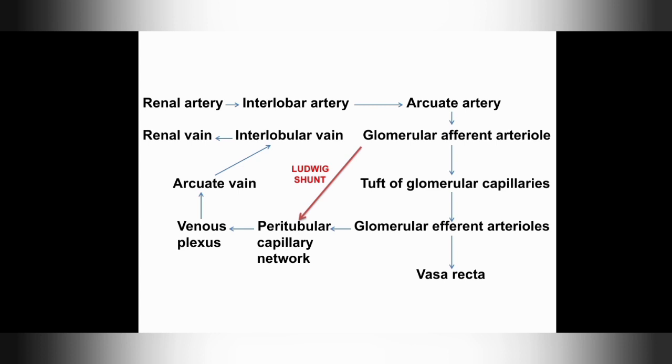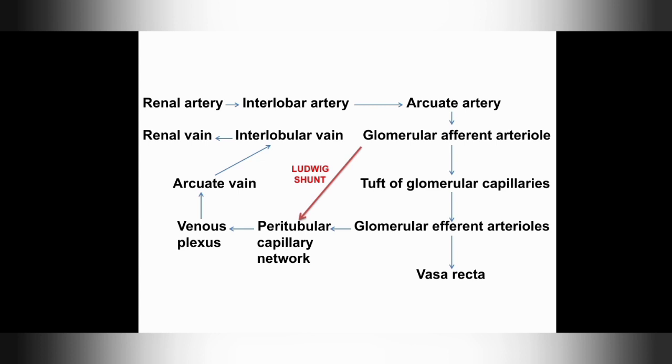These are some bypass roads through which, from the glomerular efferent arterioles, bypassing the glomerulus, the blood can go directly into the peritubular capillary without going for the filtration. From the glomerular efferent arteriole, blood can directly enter the peritubular capillary. So that is the one shunt known as the Ludwig shunt.